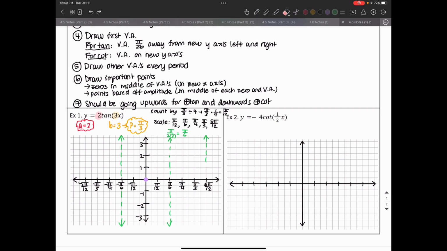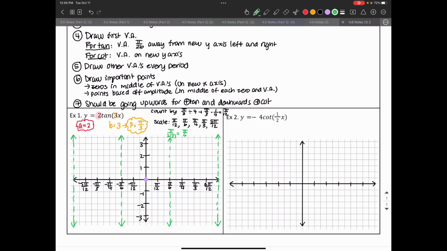It would be right here. This would be where I would have another vertical asymptote. Sorry, not 5 pi over 12. I need to have 4 sections. And if I scaled by 1/4 of a period, then I would be counting 4 sections, and that would be my next vertical asymptote. So I also have one over here as well.